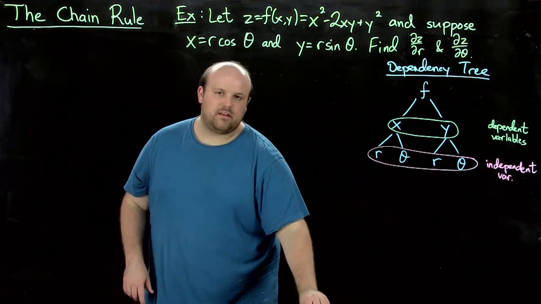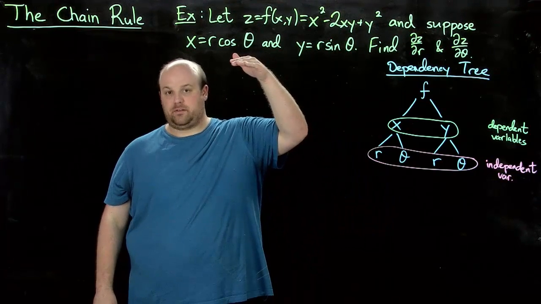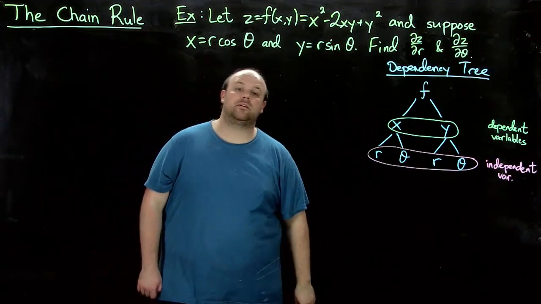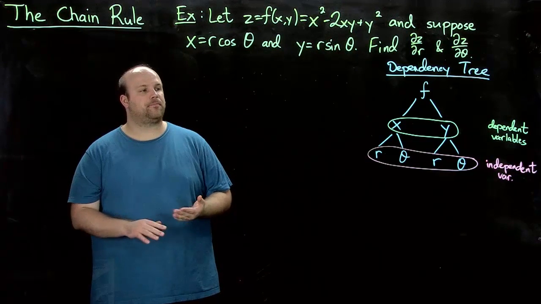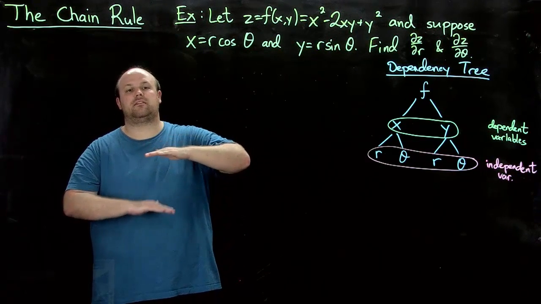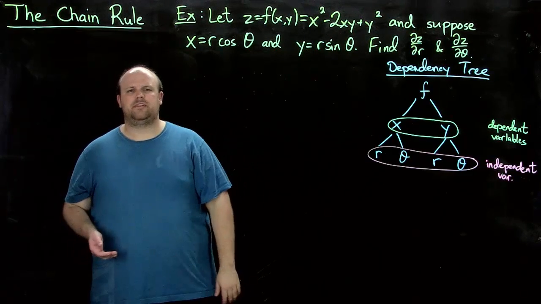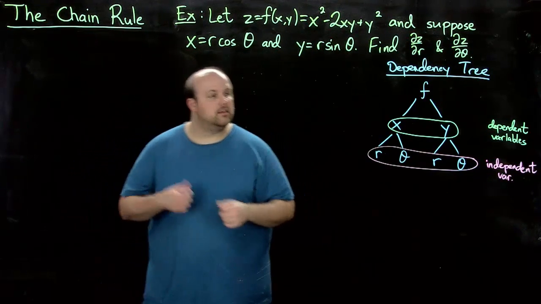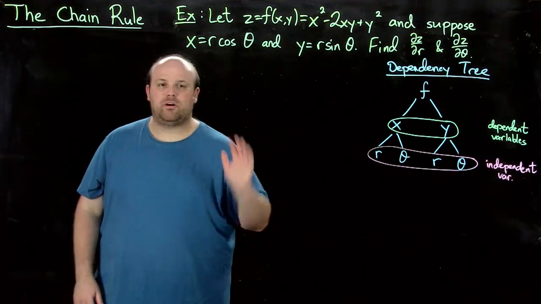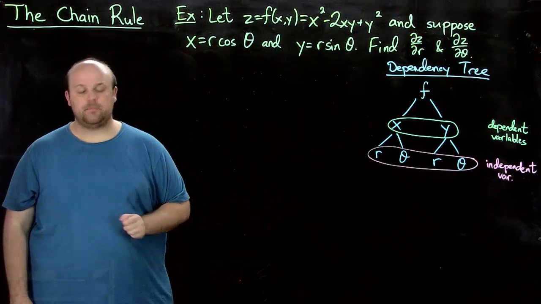And then the function is always at the very top. Of course, you could have multiple layers of dependent variables if for some reason you changed variables and then changed variables again. But we're just going to stick with one layer here.